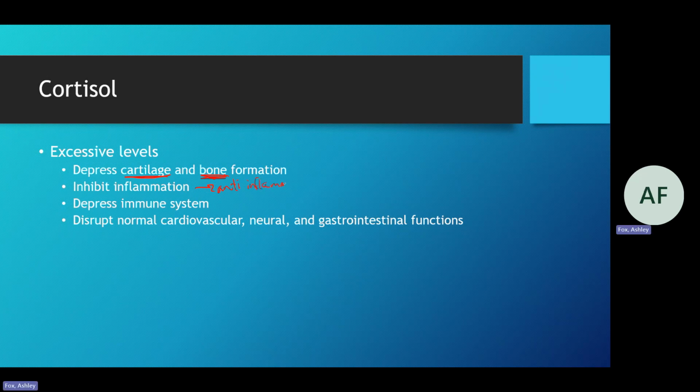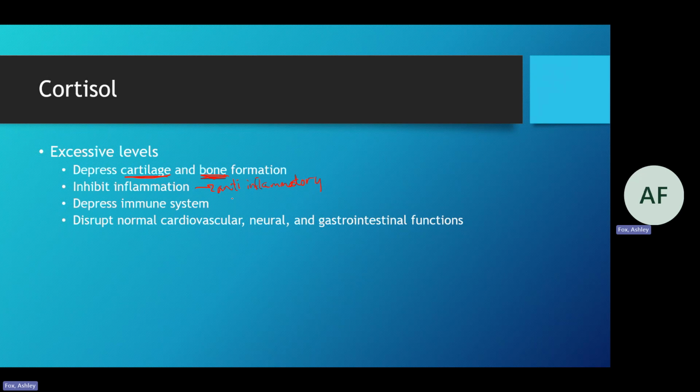So all of the positive effects that we talked about with inflammation in part of your immune system, it's going to suppress. And sometimes if you have too much, so for whatever reason your immune system is going a little too nutty, then you can use it to decrease it.